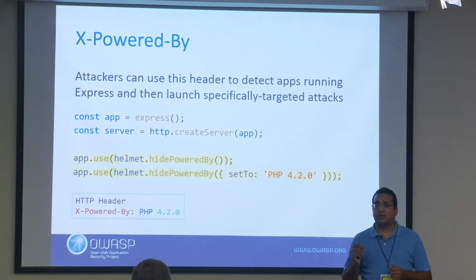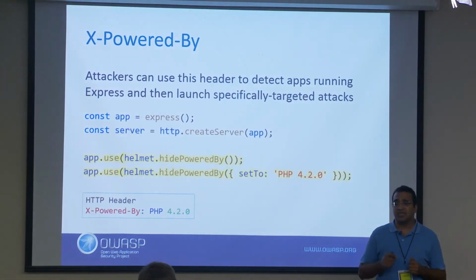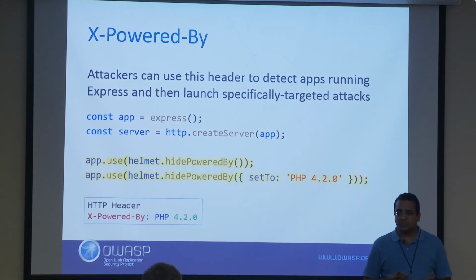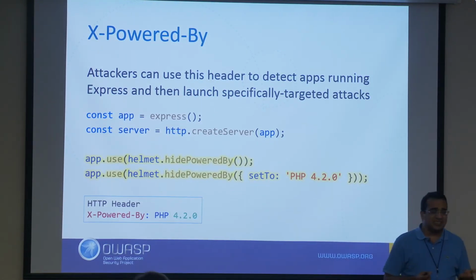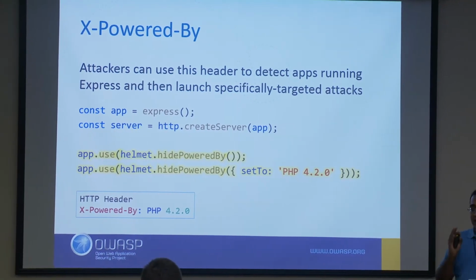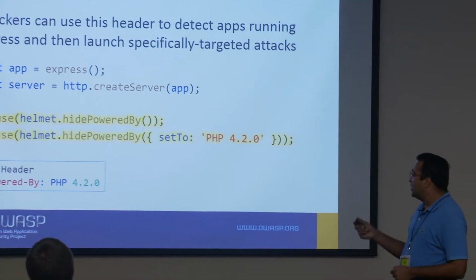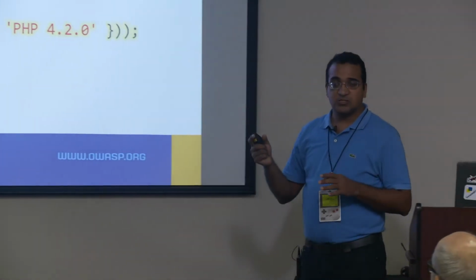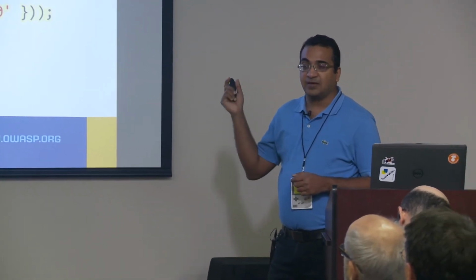Generally speaking, this header tells you what technology is being used to serve the web server, and this is information which attackers can use to their advantage. They can be more targeted in their attacks. So what you can do is either remove that completely from the response, or change it to something else like PHP. Let's fool the attackers, let them target their energy on PHP-specific attacks, which hopefully won't trouble your application.